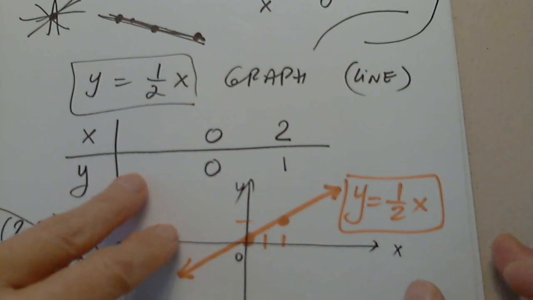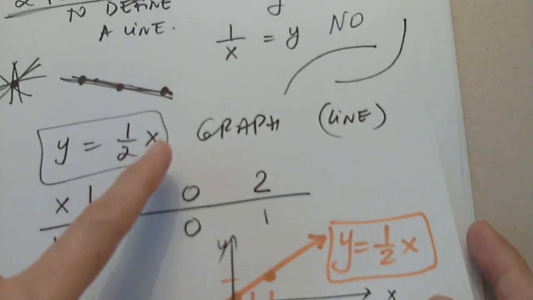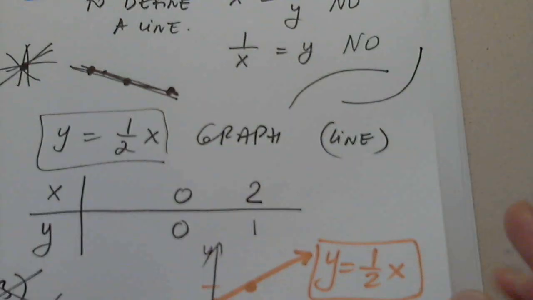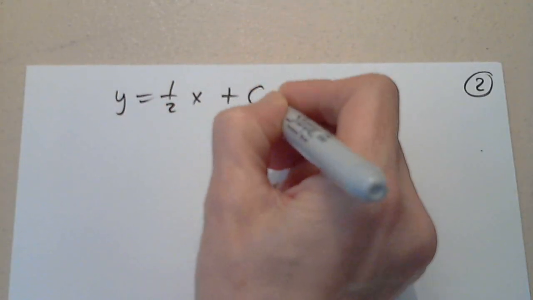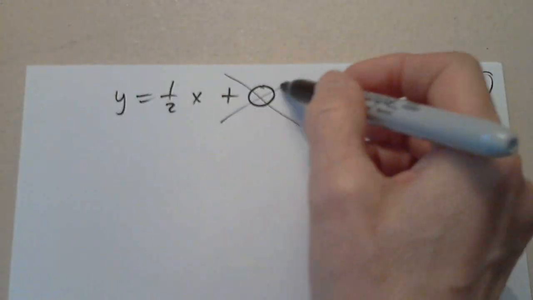Good. Now, what if I have the following equation? Notice that this line did not have a free term. What do I mean by free term? This equation was y equals 1/2 x plus 0, if you want. There is no need to write this, right?